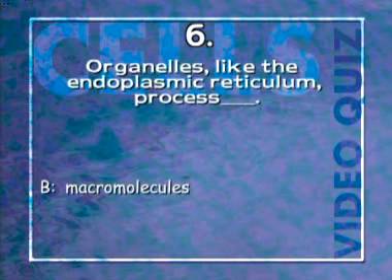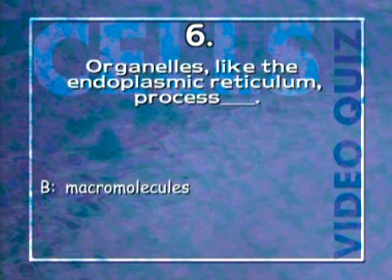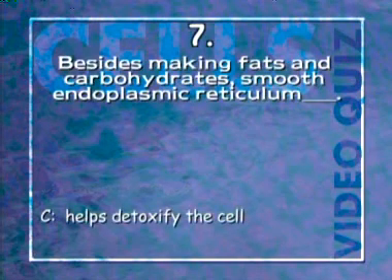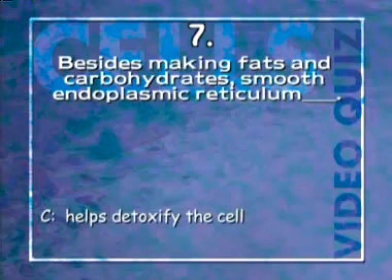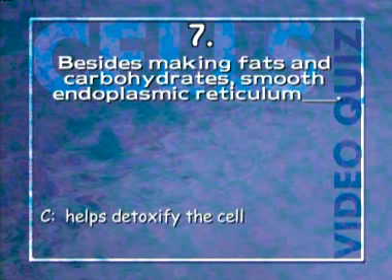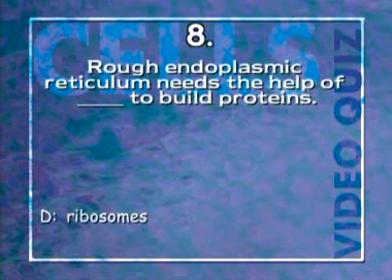Question 6. B. Organelles, like the endoplasmic reticulum, process macromolecules. Question 7. C. Besides making fats and carbohydrates, smooth endoplasmic reticulum helps detoxify the cell. Question 8.